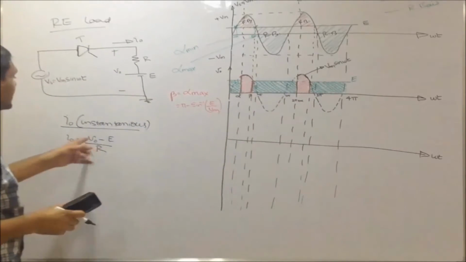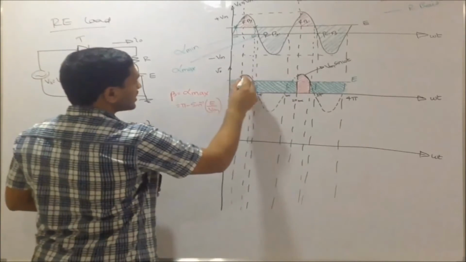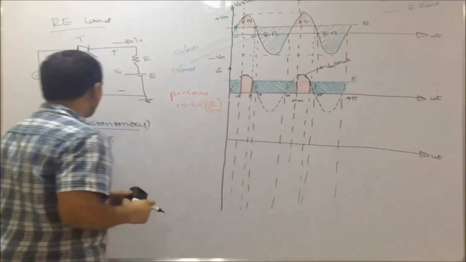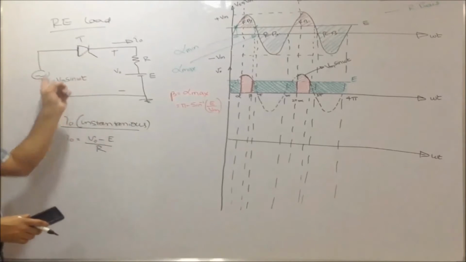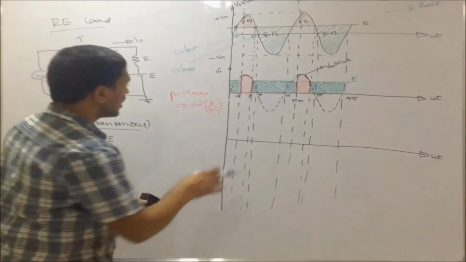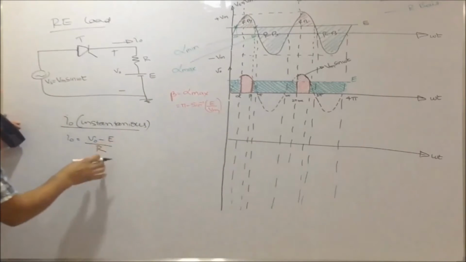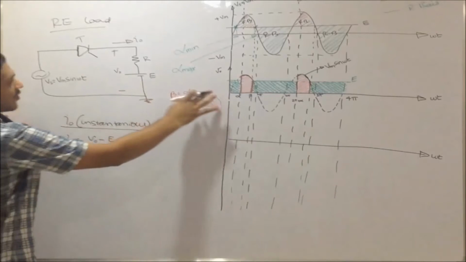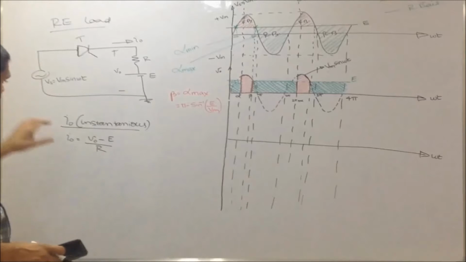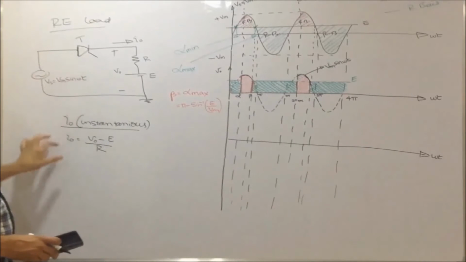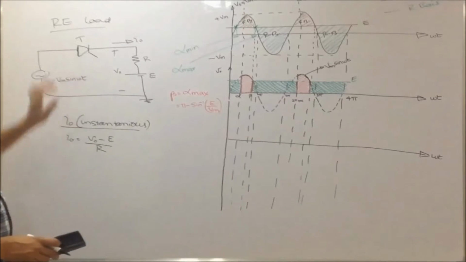And whenever V0 is greater than E, here V0 minus E is some positive, divided by R, positive current, meaning the current flows in this direction. So I have the current flowing from only alpha to beta. I0 equal to V0 minus E by R. Already we have told it flows only when the thyristor is on.